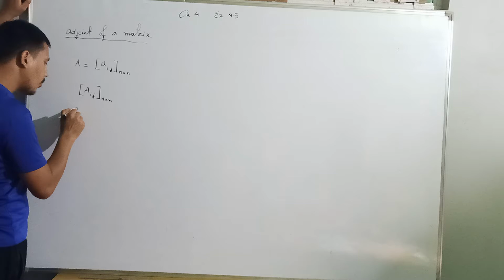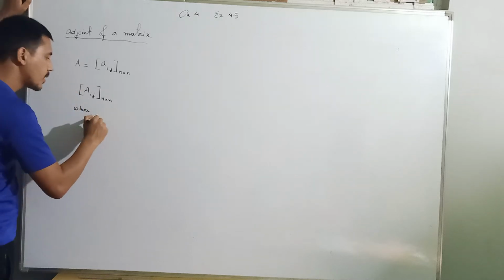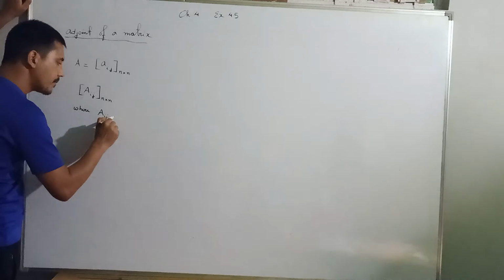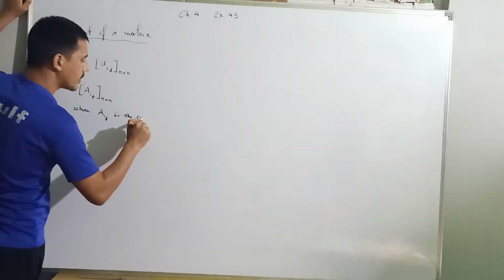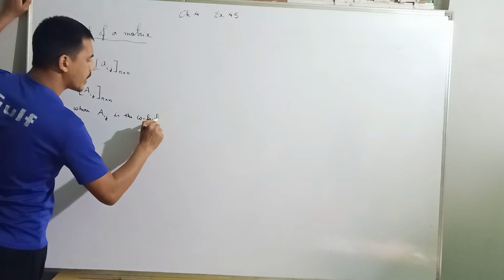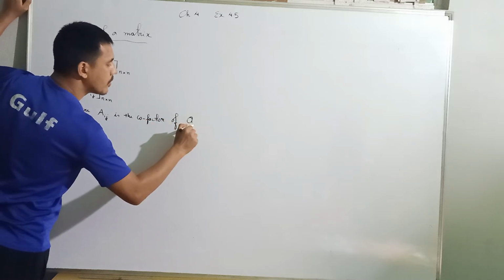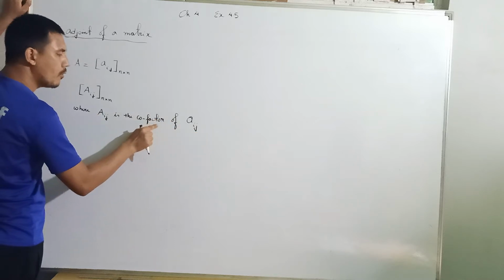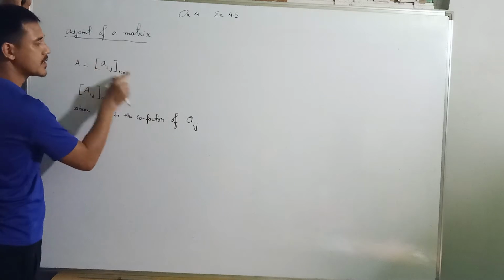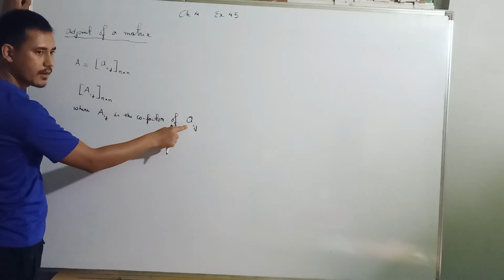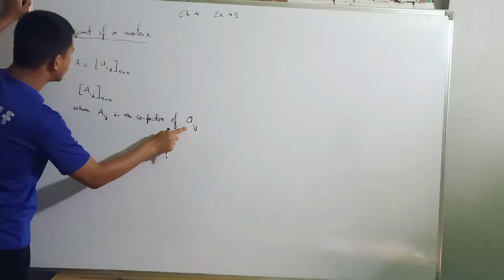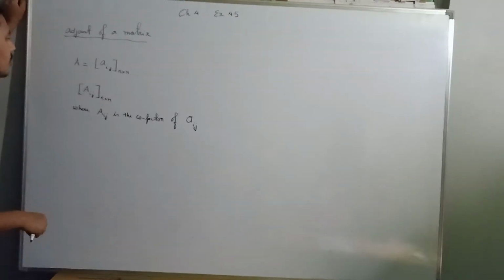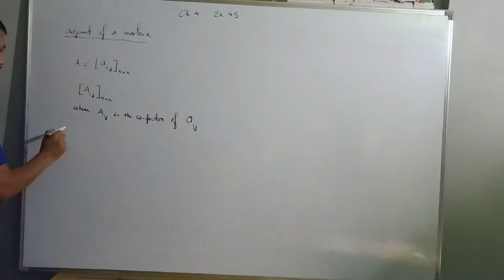Where this capital Aij is the cofactor of this small aij, the cofactor of the elements of this matrix. Are you following that? So that is known as the adjoint of your matrix, given by adjoint of A.